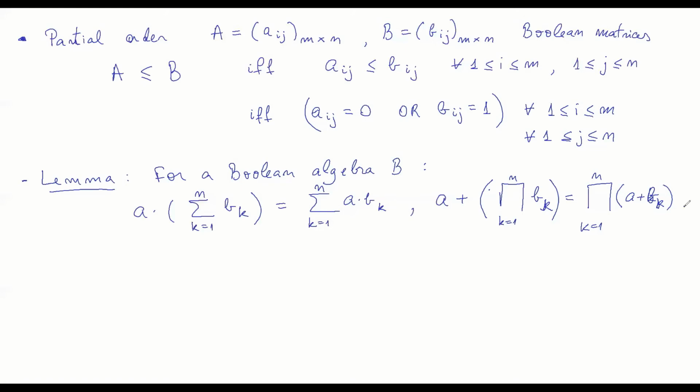And with these basic properties fixed, I'm ready to state the main result I wanted to show for Boolean matrices. And this is the lemma. In your lecture notes, this is lemma 2.33.